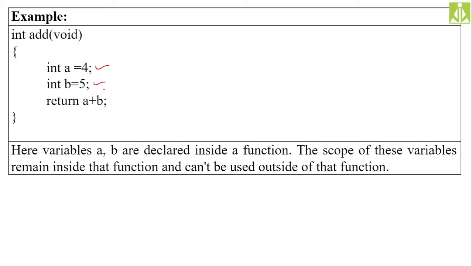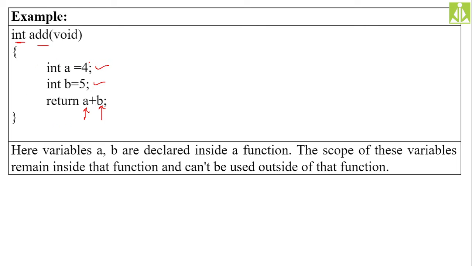In the return statement, as my function's return type is integer, I can return an integer value from this function. I am adding a plus b and sending that sum as the output from this function.